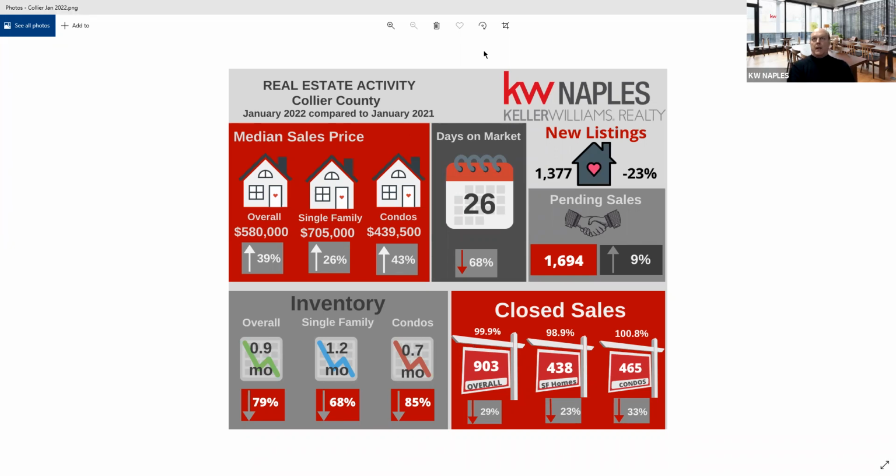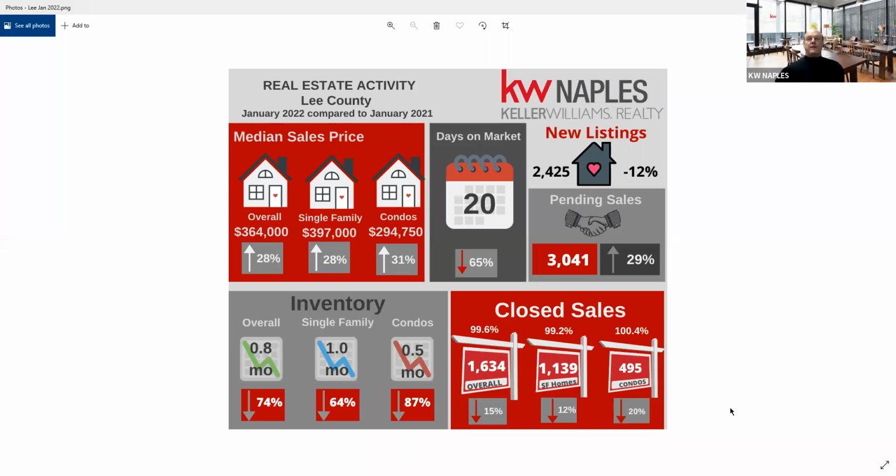So anyhow, we'll take a quick look at Lee. But you can start to see that we're seeing some effects of the supply right away in January. So here in Lee, last year, year over year, we saw pretty flat listings.